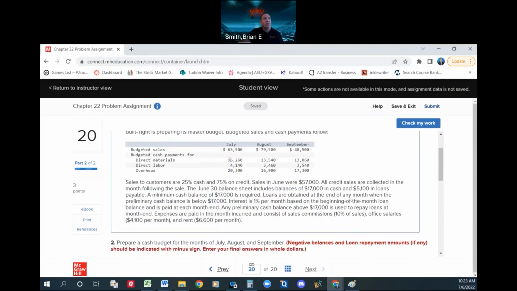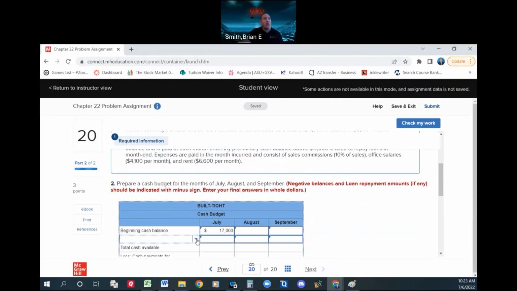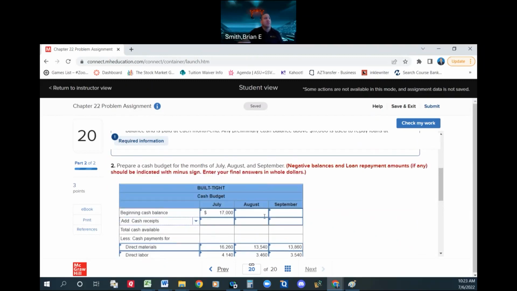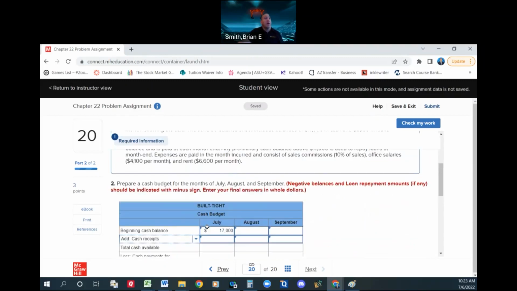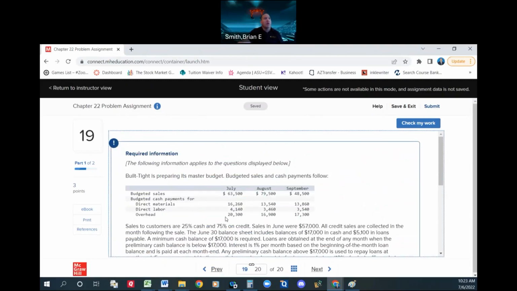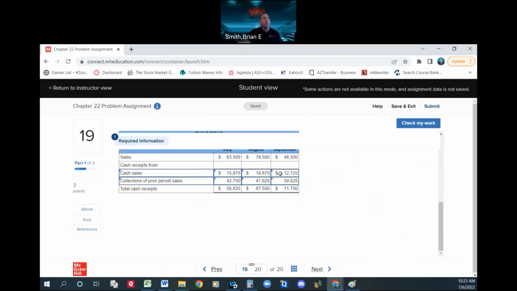Budgeted sales, we got the money up there, so we're going to go up here and say budgeted sales. Add cash receipts. Oh, we calculated that on the prior page. Let's go over here. And I'm going to snip this and do the same thing.